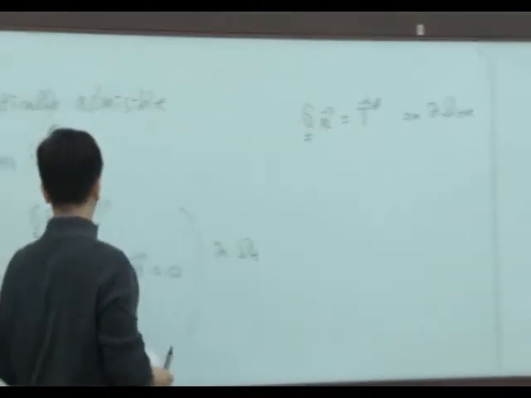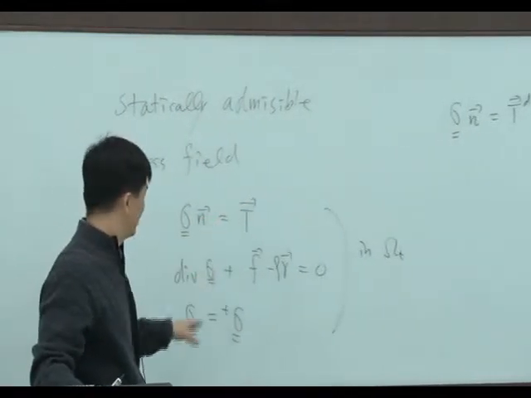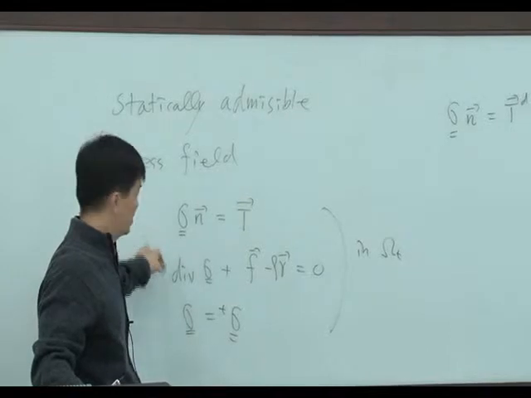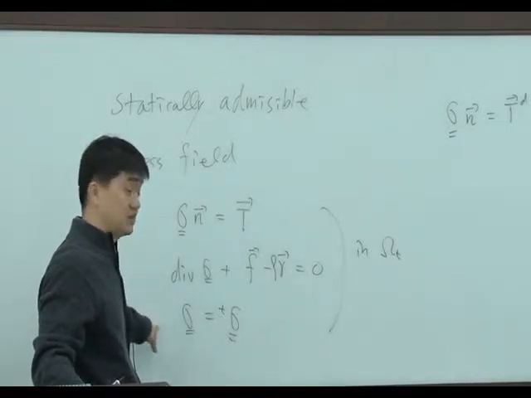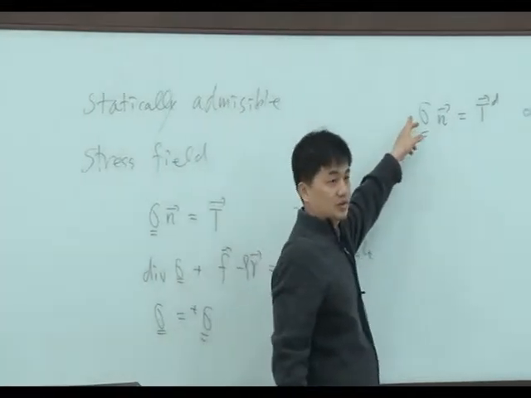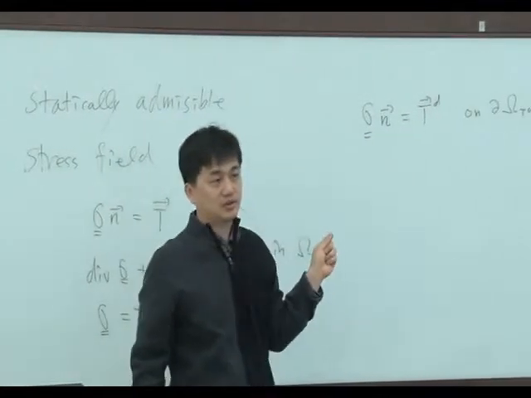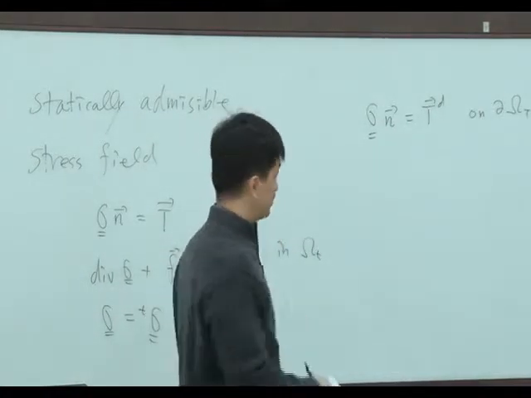So all of these are equilibrium equations. Local equilibrium equation in the body. This is an equilibrium equation too, right? This is equilibrium on the surface. So the stress field should satisfy all of these equations.